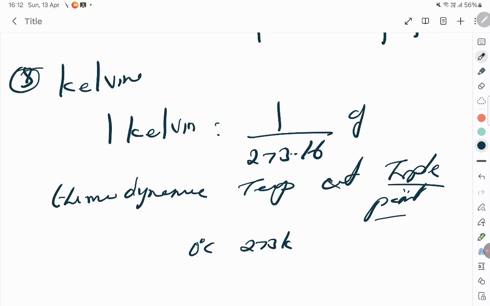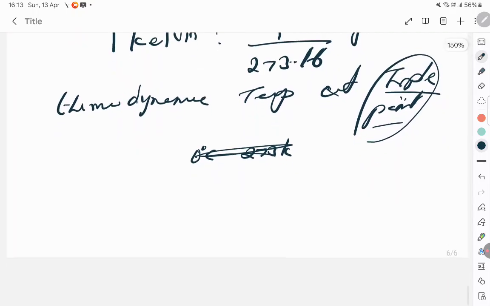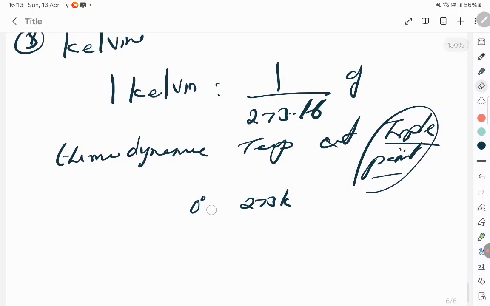But 273.16 is where the water exists in 3 states, and that's called the triple point, in thermodynamics. So 1 Kelvin is 1 by 273.16 of the thermodynamic temperature at the triple point. Are you clear? You understood what a triple point is also? So that's about what is 1 Kelvin.